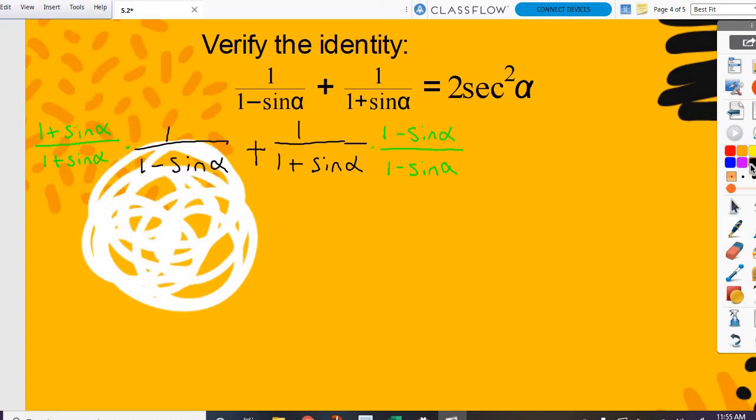And we do that because now notice on top I have 1 plus sine of alpha.